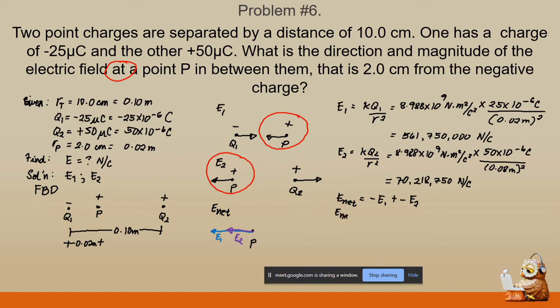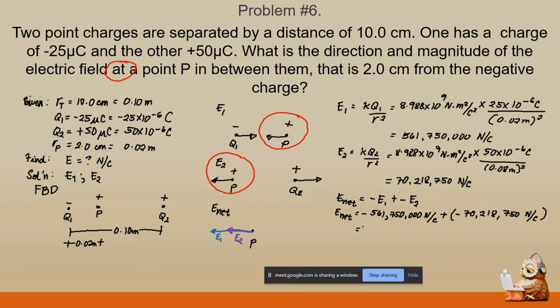E sub net is equal to negative, our E sub 1 is 561,750,000 newtons per coulomb, plus negative, our E sub 2 is 70,218,750 newtons per coulomb.